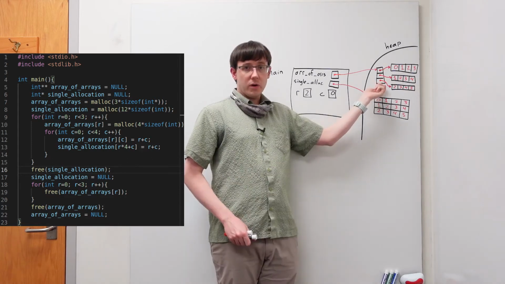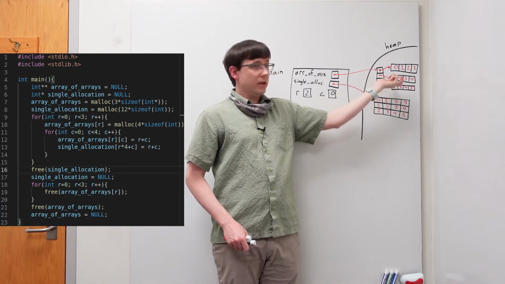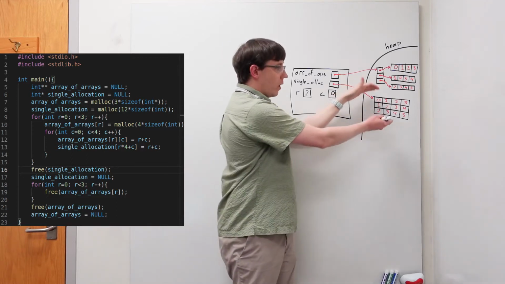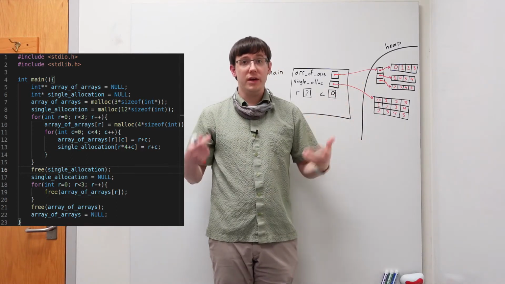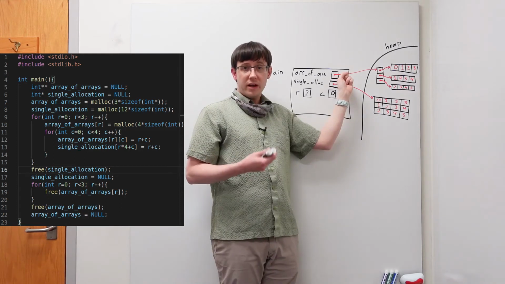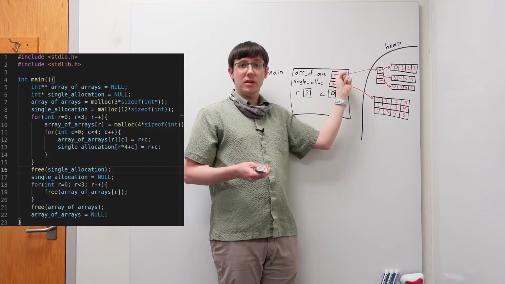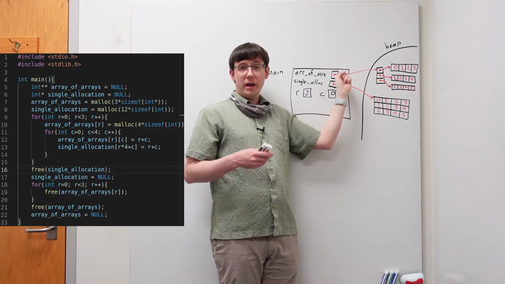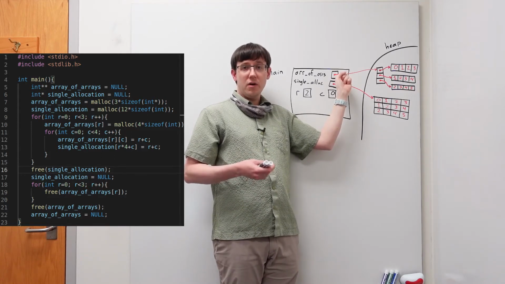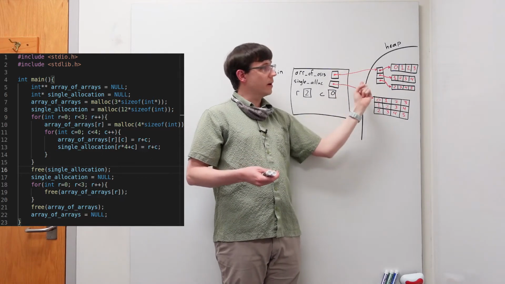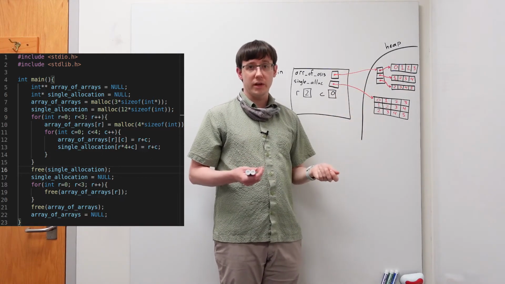We can either malloc for each level of the array separately, or we can malloc one big block to store the entire array. One advantage of the array of arrays approach is that indexing is easier. On line 12, we can just give r and c as the indices to the outer and inner arrays respectively.